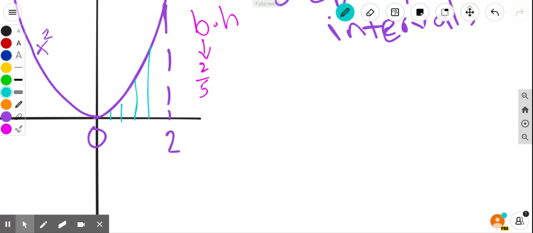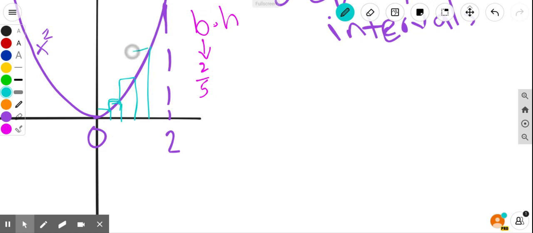All right. So now I'm going to go with the upper sum. So now I'm going to draw the rectangles going out. So depending on what kind of function you have determines on if the drawing left or right would be an upper or lower sum.